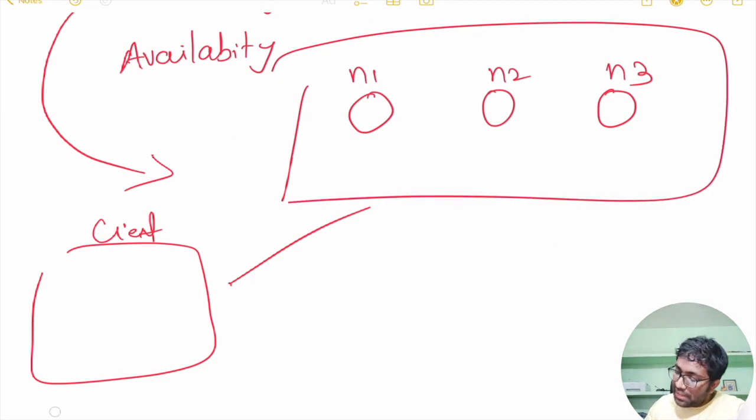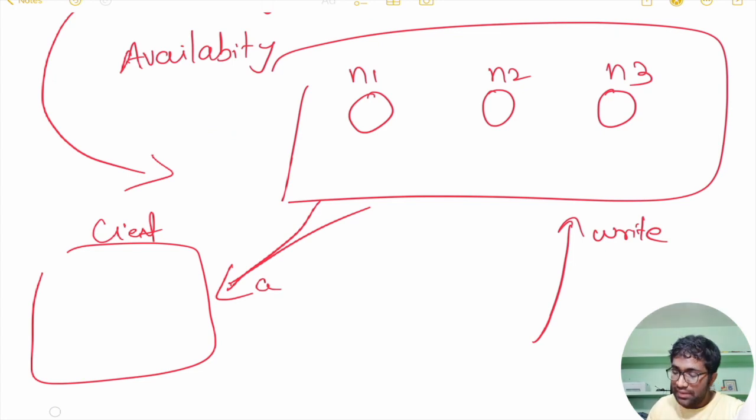So let's say a write operation has happened here, and after the write operation I try to fetch some data from this distributed system. In the first request I get the response A. The second time I do it, I get the response B, but I am fetching the same resource.